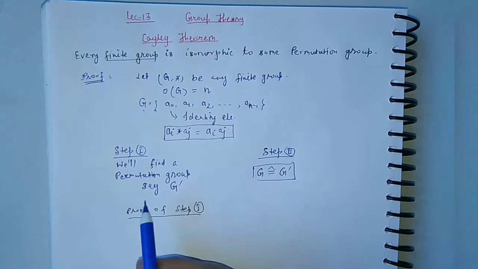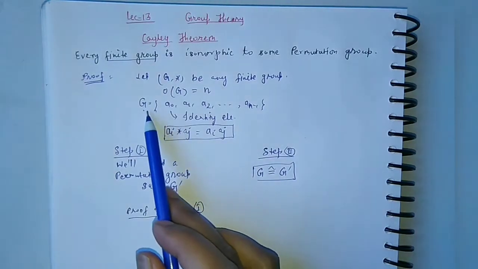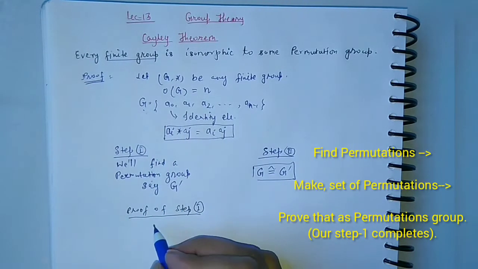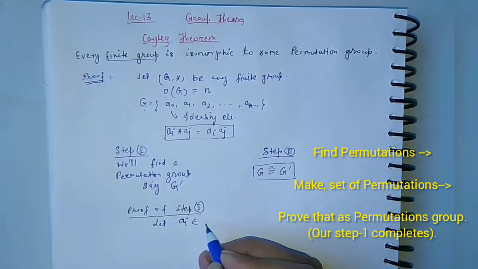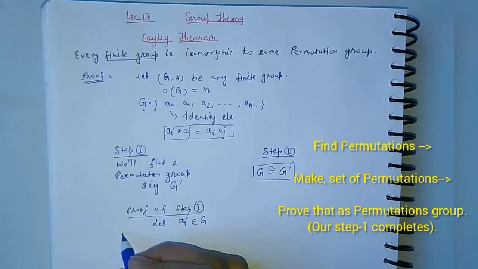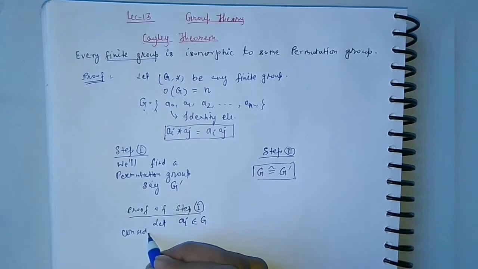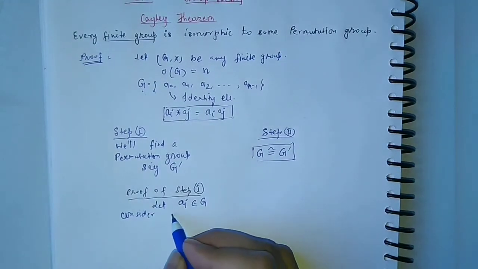So first we will find the elements, that is permutations, and we will find these permutations with the help of our group G. So let Ai be any arbitrary element from our group G. Then consider, we are making a permutation now.